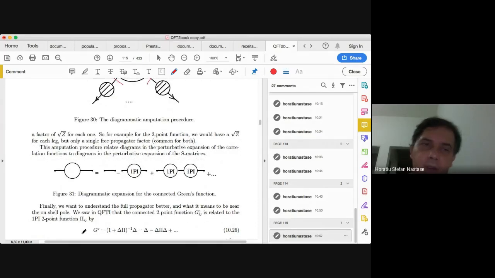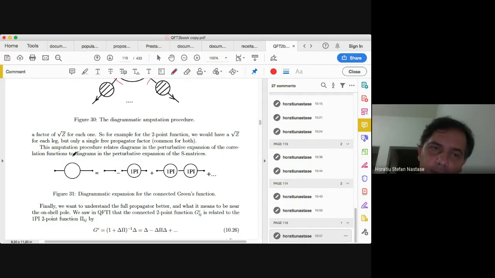Now, this amputation procedure relates diagrams in the perturbation expansion of correlation functions to diagrams in the perturbation expansion of S matrices, right?